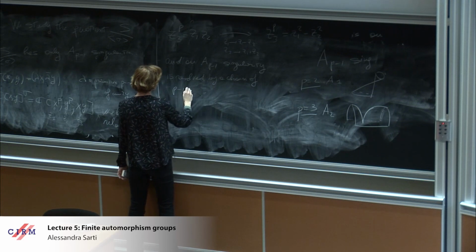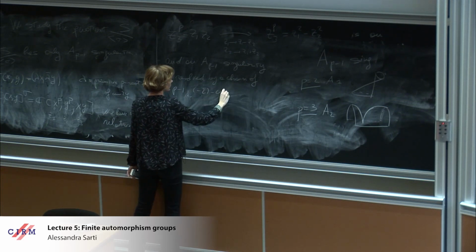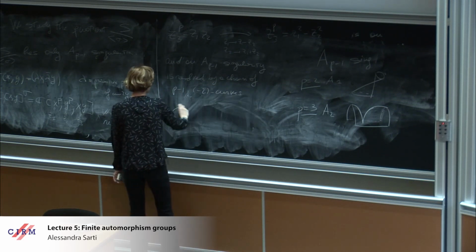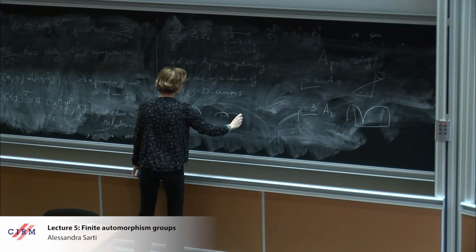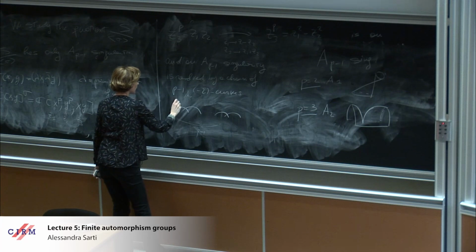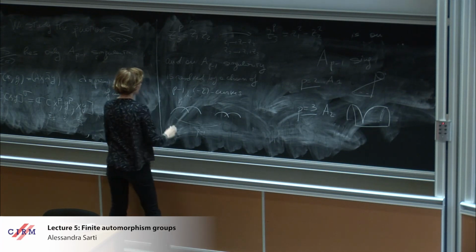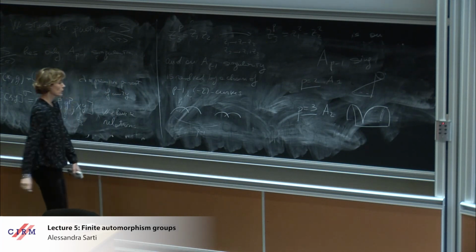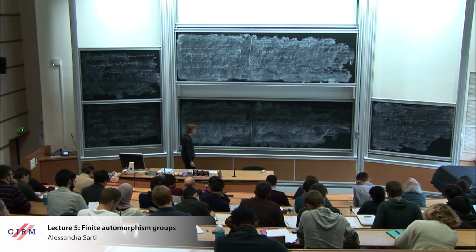So minus 2 curves. So I have something like this, P minus 1. Any copy is a P1, and it is minus 2 because a rational curve on a K3 has self-intersection minus 2.